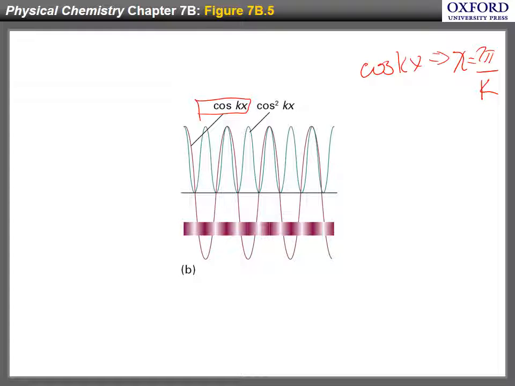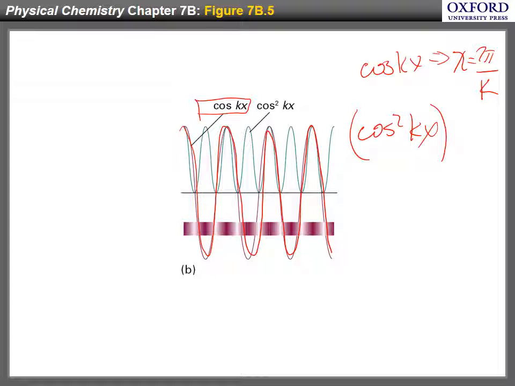Now, cosine kx is our wave function, and the intensity distribution would therefore be cosine squared kx. Obviously, cosine squared does not have a negative or complex contribution, so our intensity distribution is as follows, and it is the probability of finding the photon in that particular region at any given time.